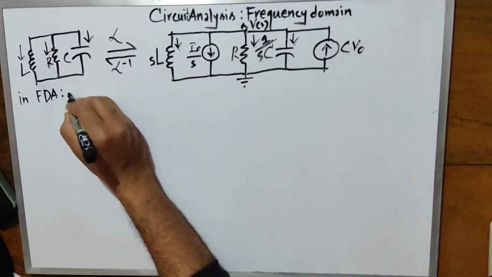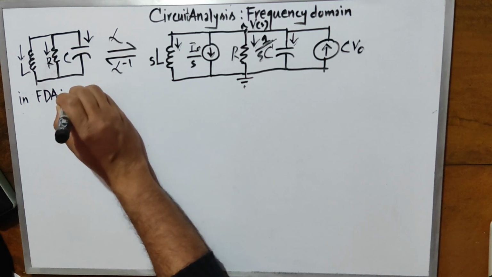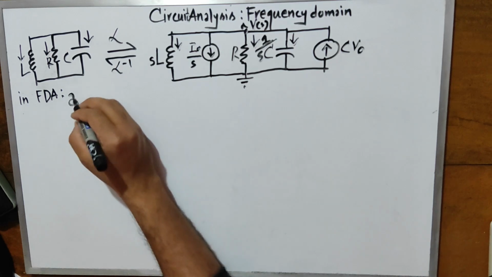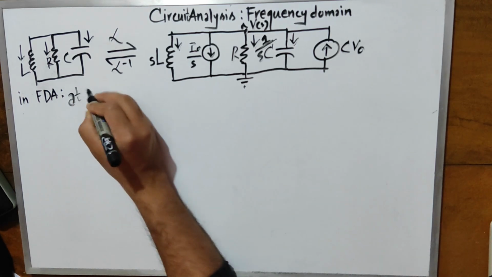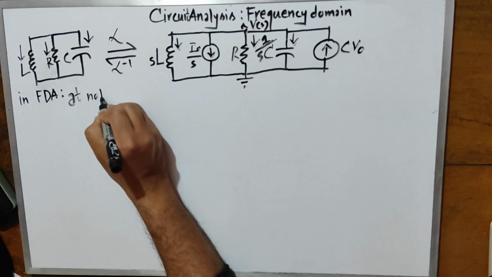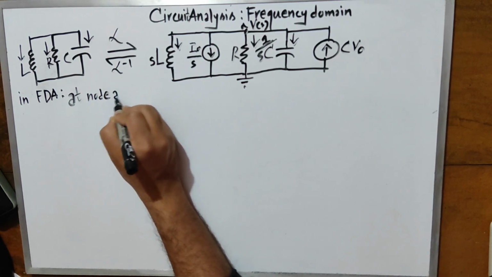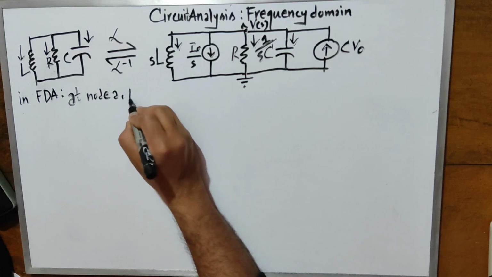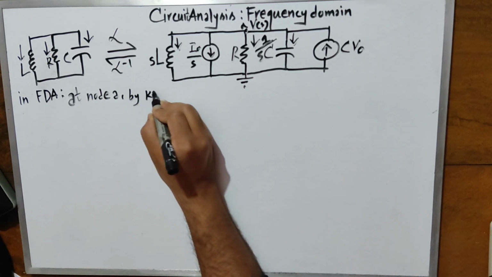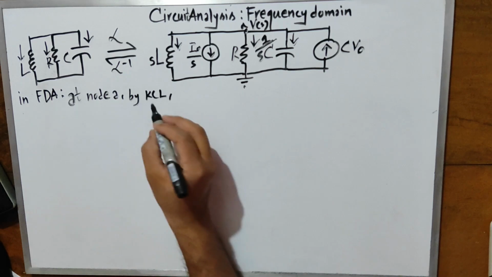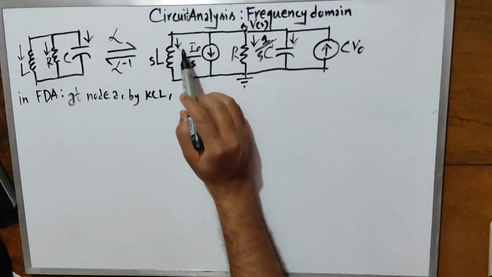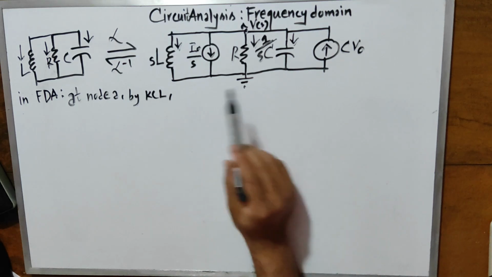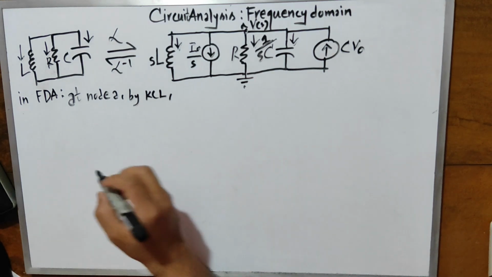Taking this common point as ground, at node A, here I have assumed node A. By KCL, I have assumed currents through the inductor, resistor and capacitor and the corresponding current sources.